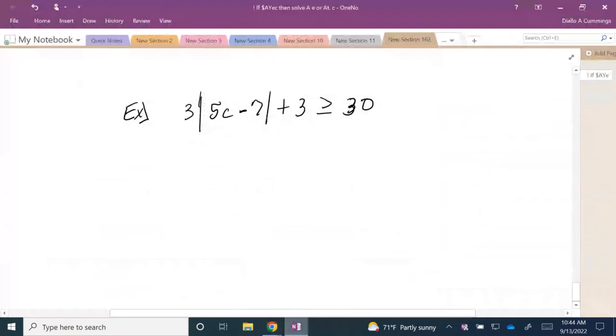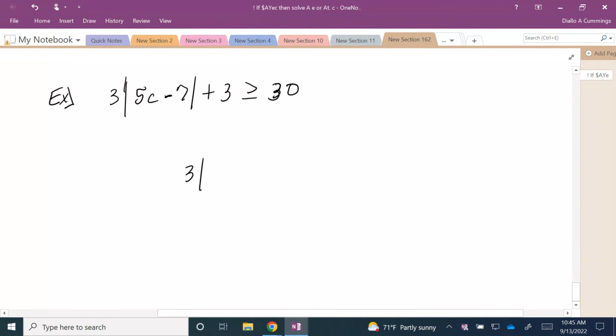All right, let's take a look at this solution. Here again, before we can use any formula for the absolute value, we must first isolate it. So the first thing we're going to do here is subtract 3 from both sides. So I'm going to bring down 3 times the absolute value of 5c minus 7.